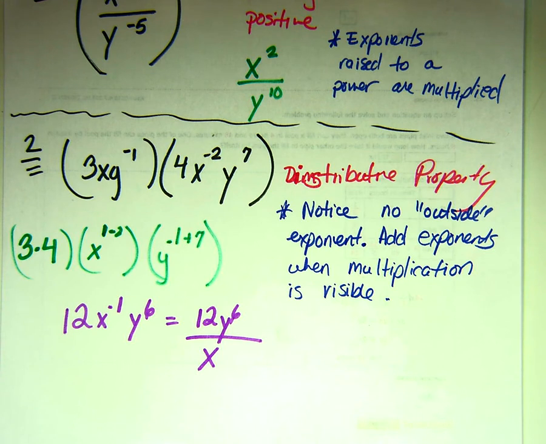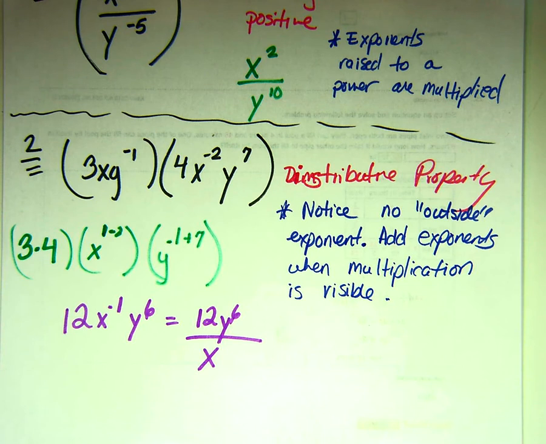So going back to the distributive property, for our coefficients, which are the numbers, we're going to have 3 times 4. And then for the x values, remember when I said we're going to add our exponents? So we have an x to the first power right here, because it's assumed this is an invisible 1. Over here we have x to the negative 2. So it's going to be 1 minus 2.